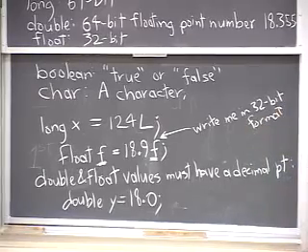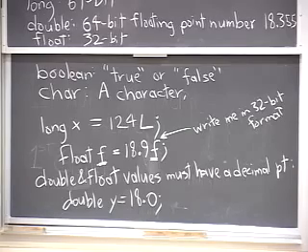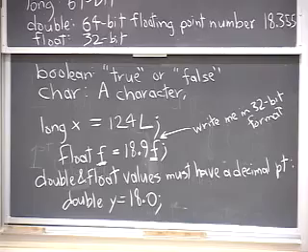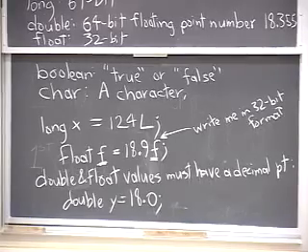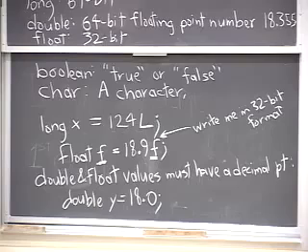And the reason that matters is something like 18.9 can't be expressed exactly in floating point binary, and therefore you'll actually get a different number rounded off depending on whether it's single or double precision. Question here.